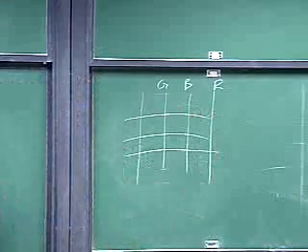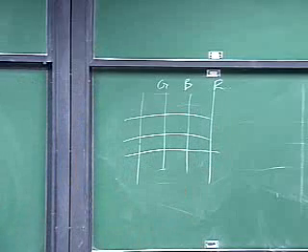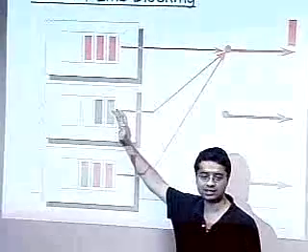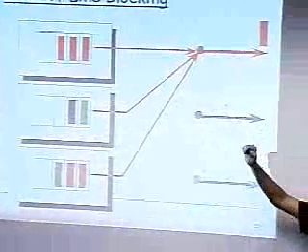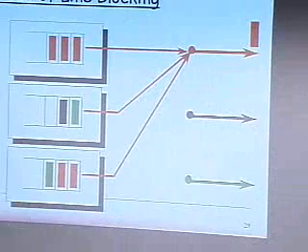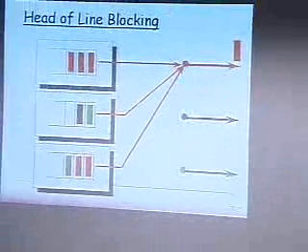So the head of the line, which is the red packet, has caused blocking for packets which are behind in the line that could have used one particular output port, which are sitting idle.